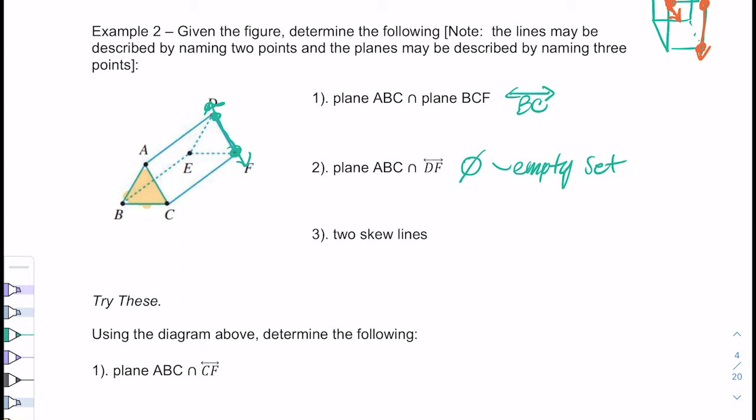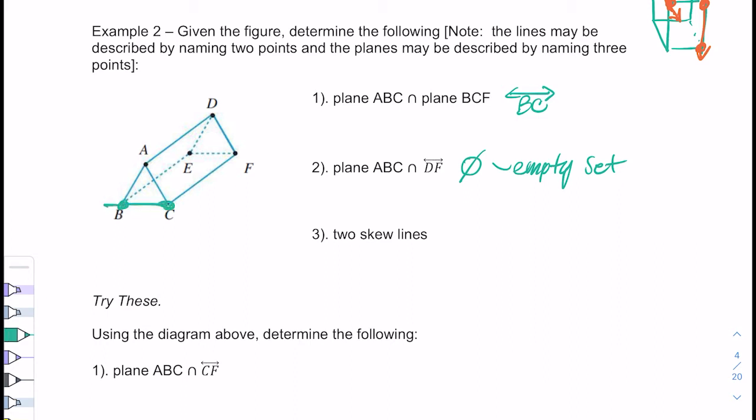Okay, now they want us to name 2 skew lines. So remember, skew lines are lines that never intersect, but they're also not in the same plane. So you have to pick 2 lines that are not in the same plane. There's a couple ways you could answer this. So I could pick perhaps, I could do line BC.